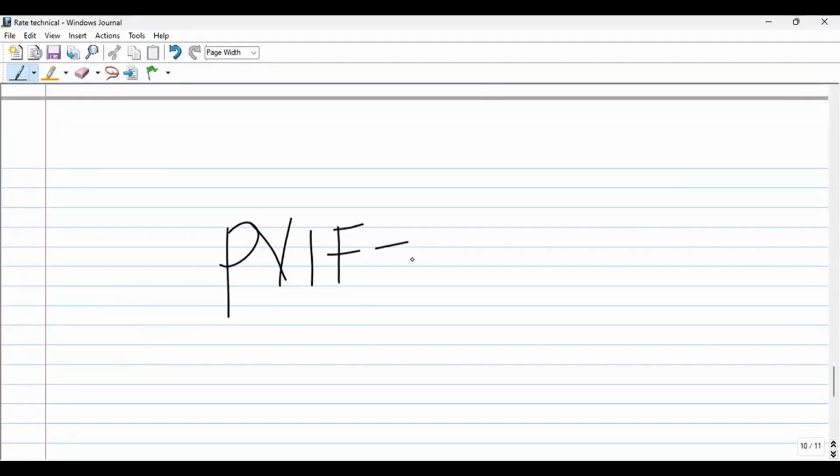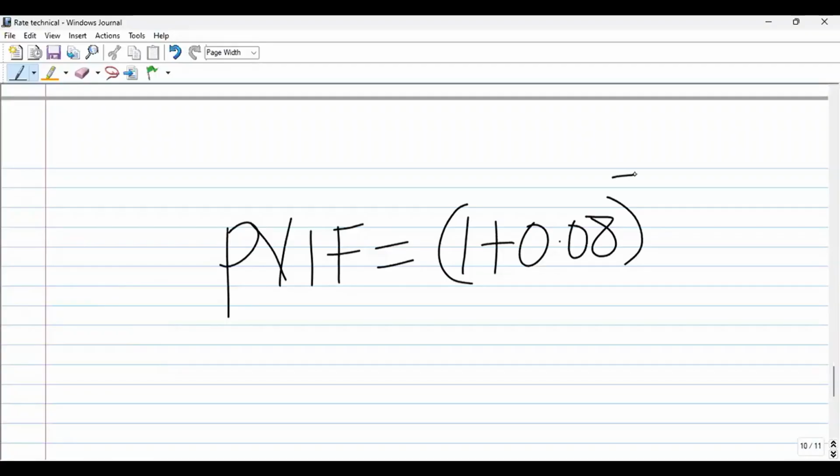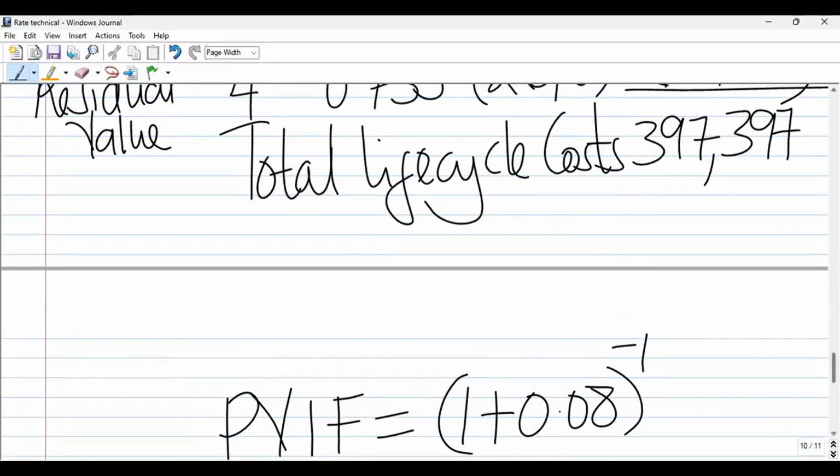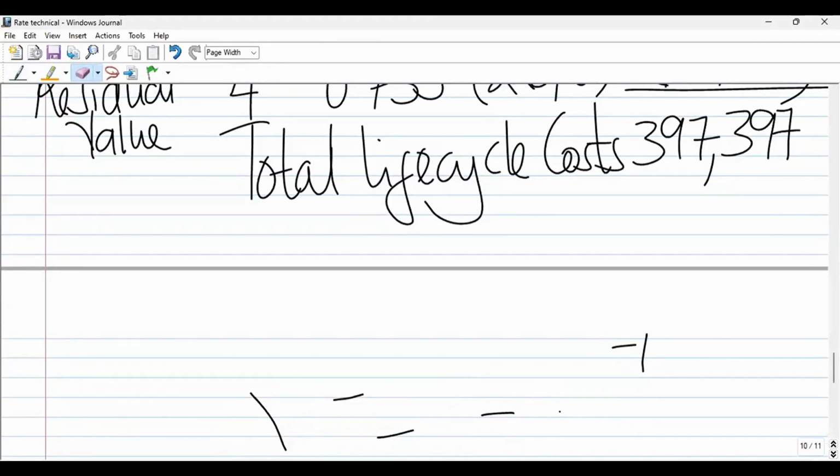So you compute the present value interest factor, 1 plus 0.08 to the power negative, if it's in year 1 only, and you get the present value interest factor to use. If they tell you it will be incurred in year 2, that means you look for the present value interest factor in year 2 only.